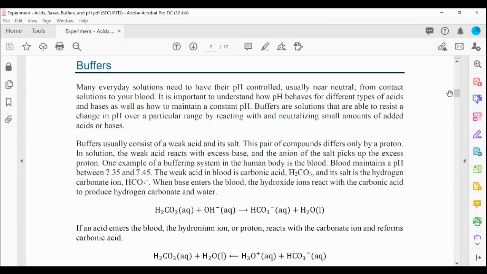That's why it's so important in many systems to have buffers to maintain the pH nearly constant. How do they work? Here it is showing how the buffers work.